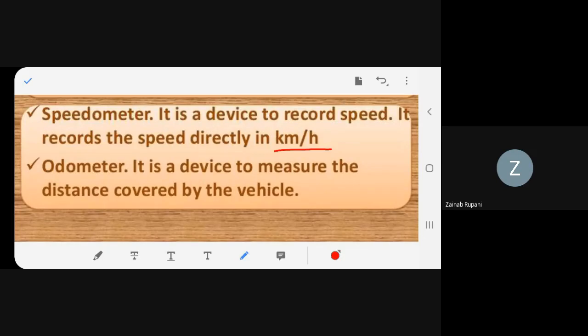Okay, the next one, beta, is the odometer. It is a device to measure the distance covered by the vehicle. There's another device on the dashboard called an odometer. Now, the speedometer is finding out the speed, right? And the odometer is finding out the distance.